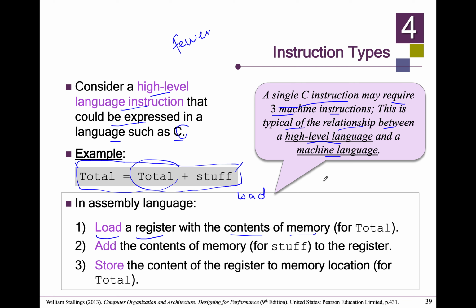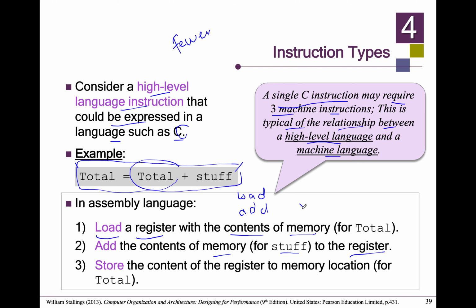Move also can. It depends, because you can have a variety of ways to do the coding, and after that you have additions, which means you need to add the memory for the stuff to the register.